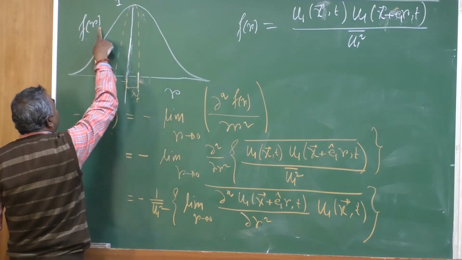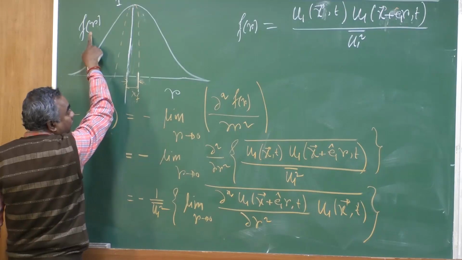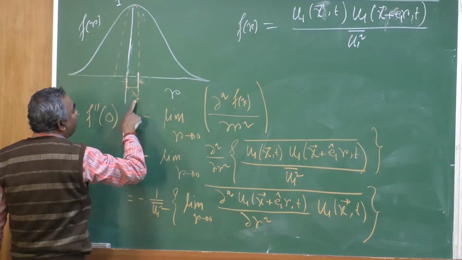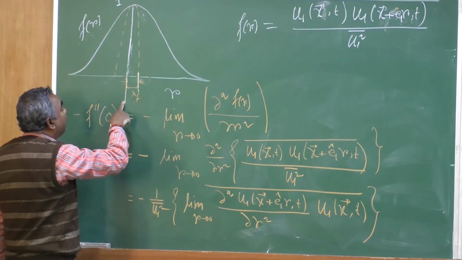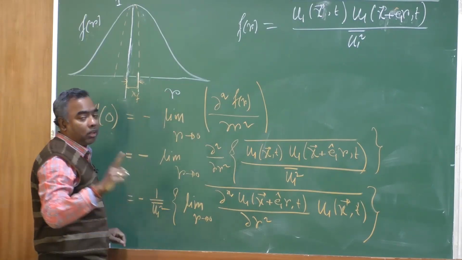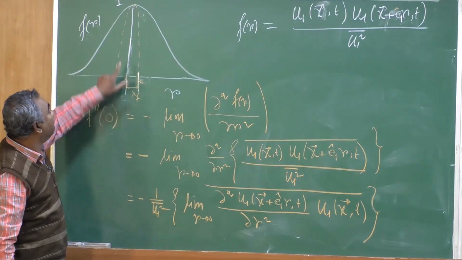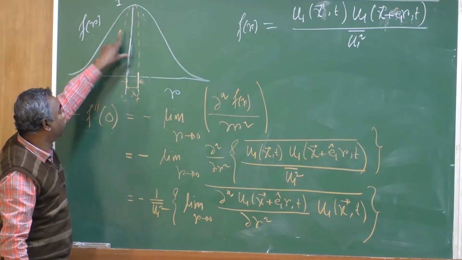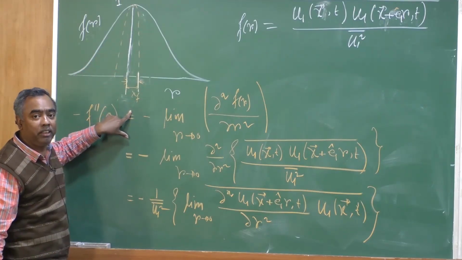If, instead of f of r, I would have plotted g of r, the transverse correlation function, with respect to r, I would have got this as lambda g. So, the definition of Taylor microscale we considered earlier is nothing but this parabola fitted to this correlation function. Physically, what does it mean?